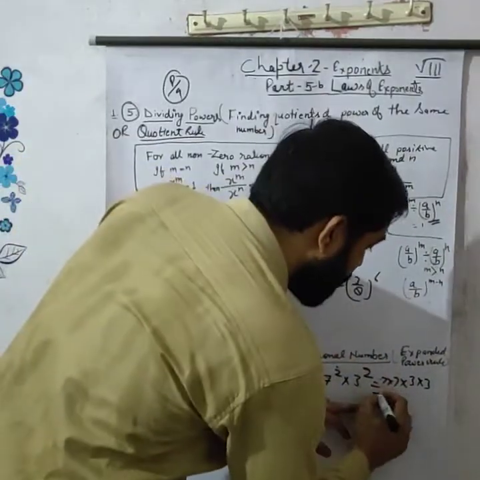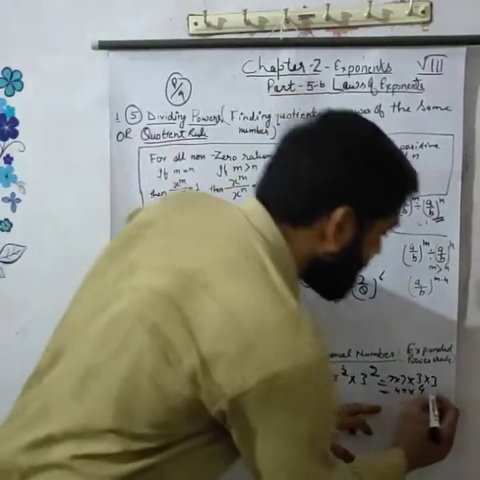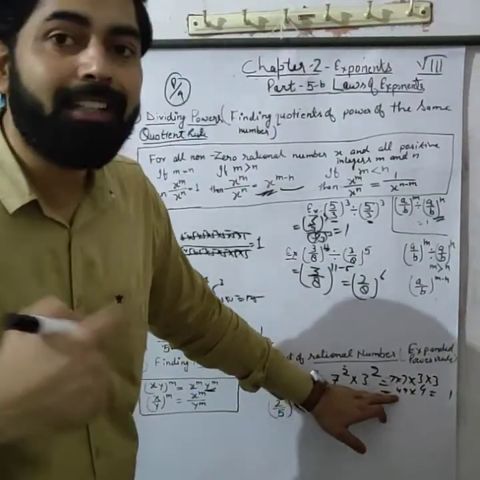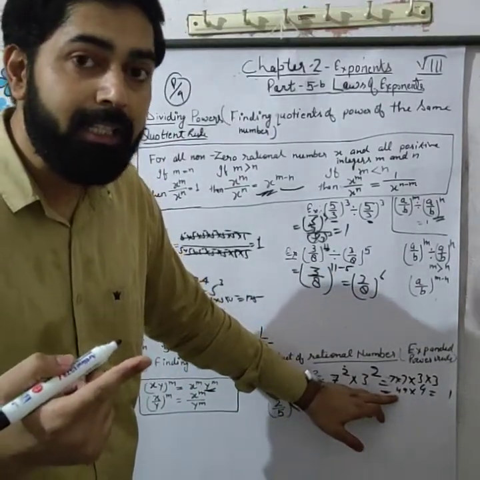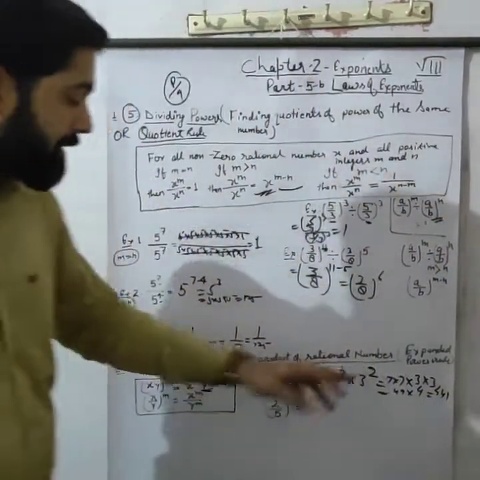So 7 sevens are 49 and then multiply by 9. 9 ones are 9, 9 fours are 36, and the value is 441.